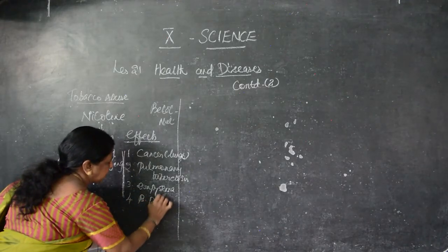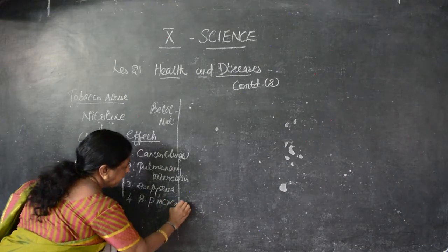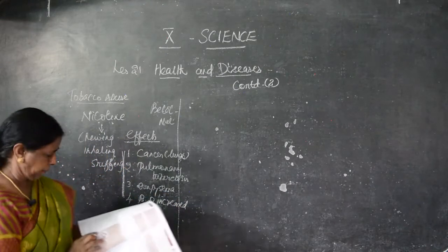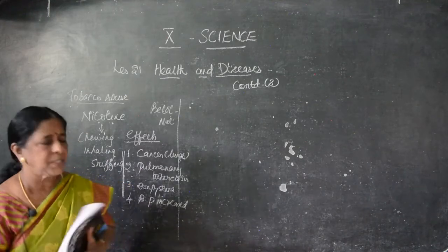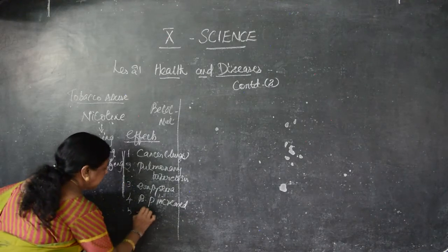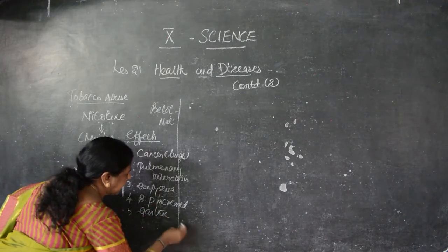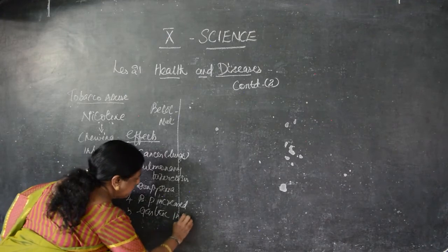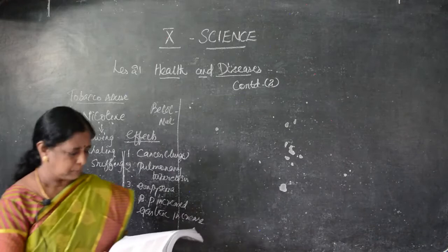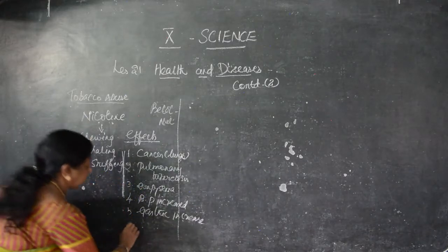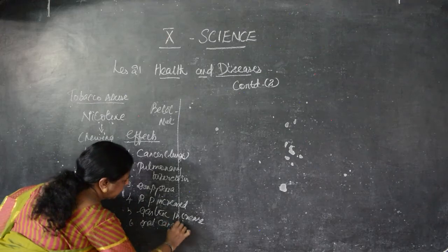BP, blood pressure, is increased because of consuming tobacco. Increased gastric secretion. Gastric increase. When the smoke goes and fills up, what happens to you? Gas forms. These are the effects of tobacco. And oral cancer also, otherwise known as mouth cancer.